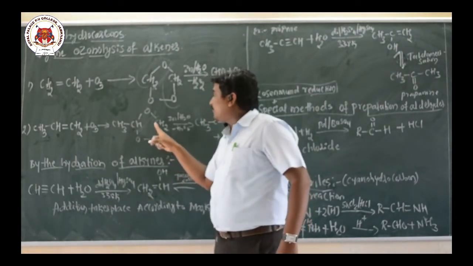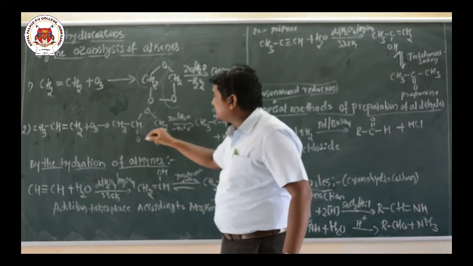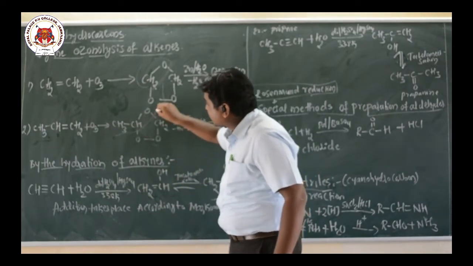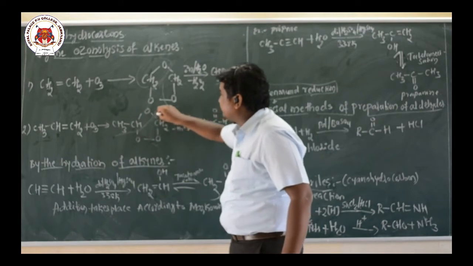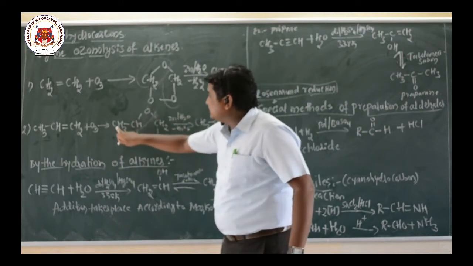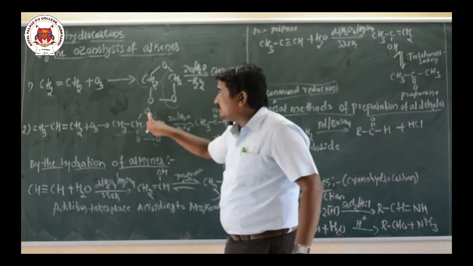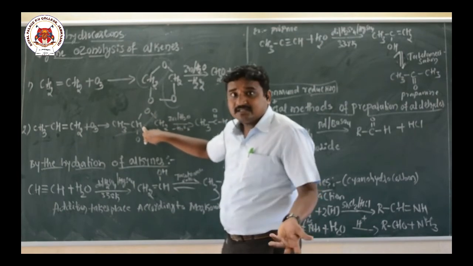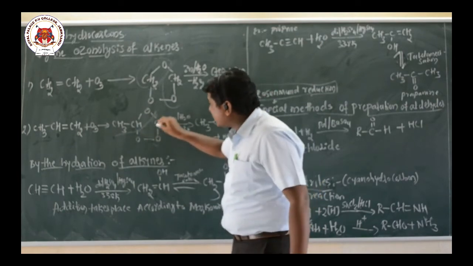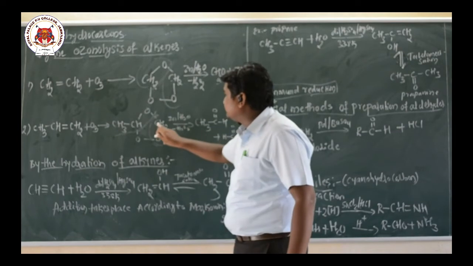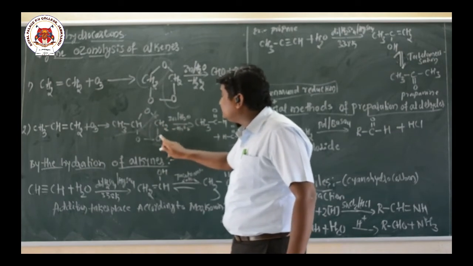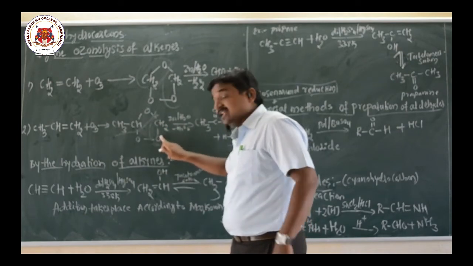After it undergoes hydrolysis in presence of zinc catalyst, hydrolysis means breaking of bond by addition of water. Now there is a formation of CH3CHO, that means ethanal. Another compound is CH2O, that is methanal or formaldehyde.